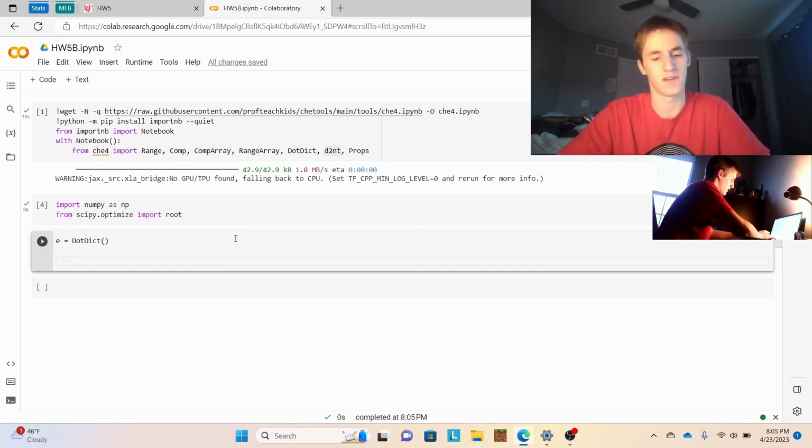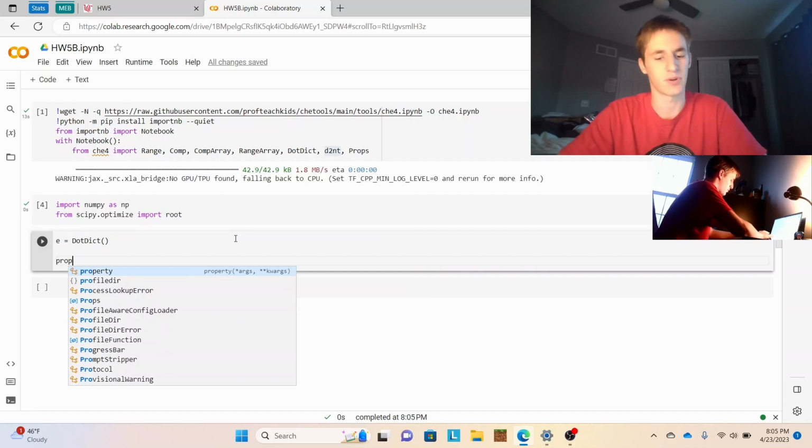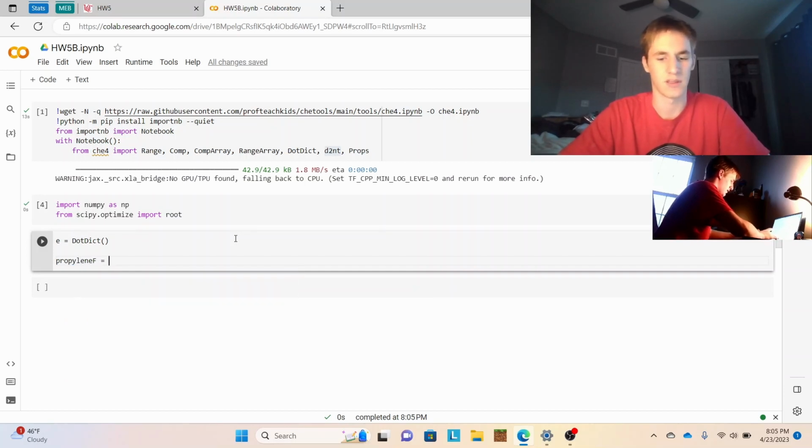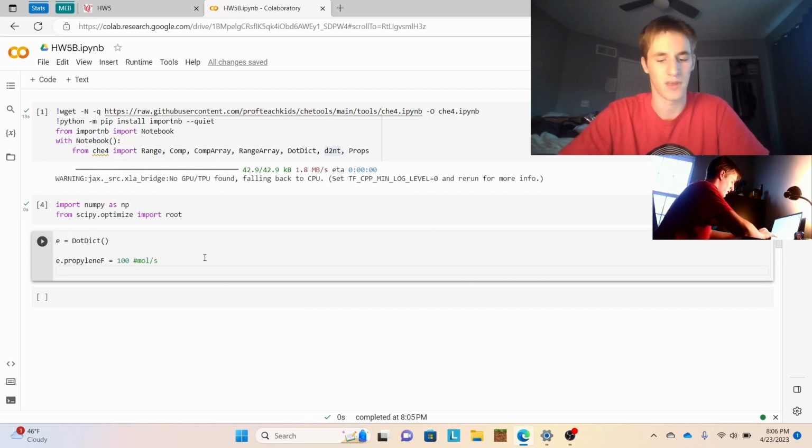But instead of, so for instance, right, I have my propylene feed equals 100 moles per second. To put this in the dictionary, I need to write E dot in front. So I'm going to do that for every variable here.